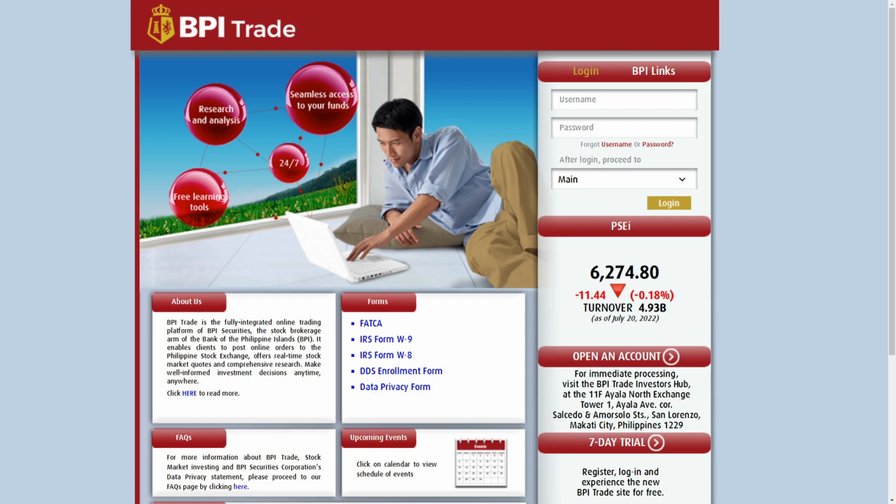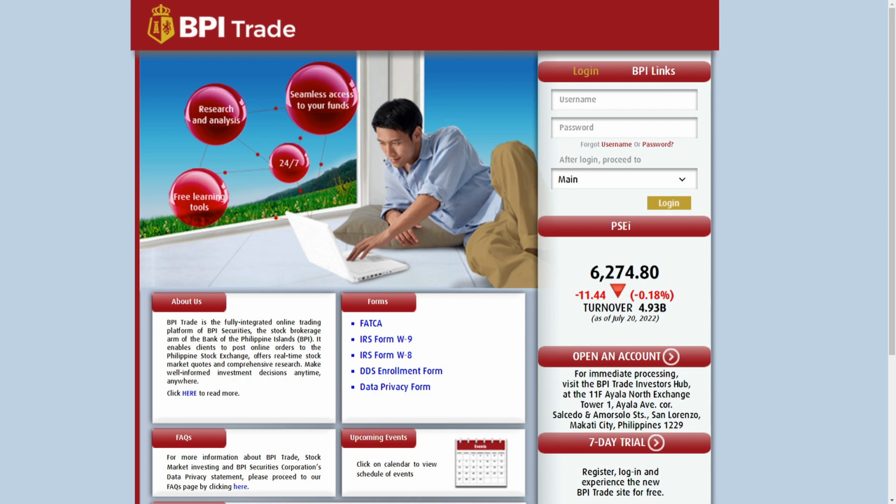Previously, nung nag-open ako back in 2018 ng BPI Trade account, ang hiningi lang sa akin is dalawang government issued ID, but I was only able to provide one, and then that was my passport. Tapos nagbigay na lang ako ng company ID kasi passport lang yung government issued ID ko at that time, well, even now.